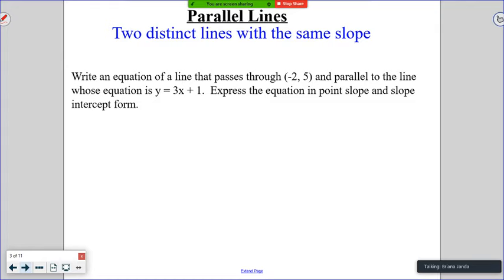What I kind of simplified out of the definition of parallel is the fact that in your book it talks about them being non-vertical lines, okay? Now, two vertical lines are parallel to each other if they're different x values, like x equals 2 and x equals 5. Those really are parallel lines, okay?